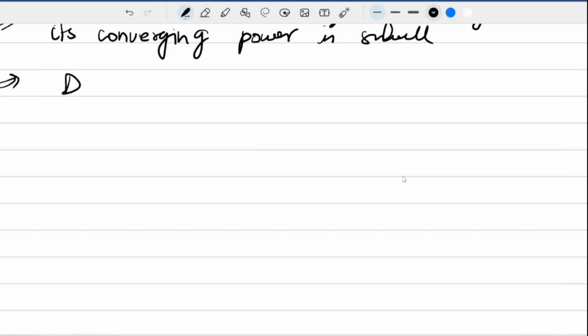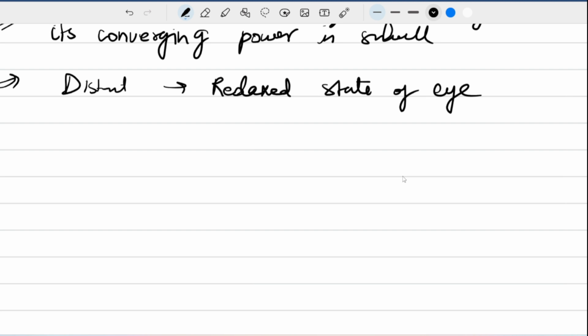So distant object को जब हम देखते हैं तो we have relaxed eye or relaxed state of eye, right, relaxed state of eye.